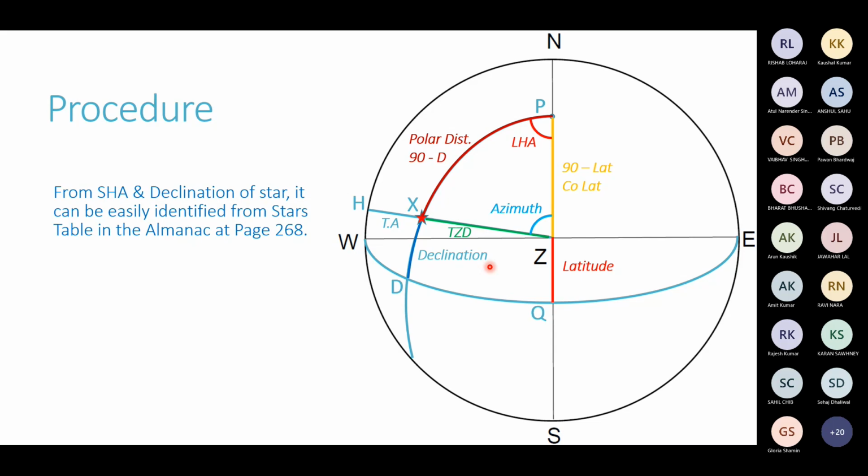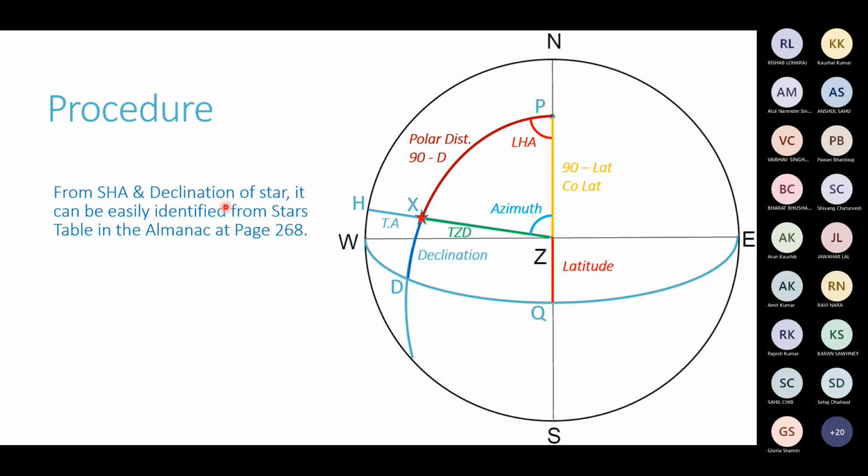Now, when you look for the nearest SHA, it is possible that you may have two stars whose SHA may be very close to the figure which you have calculated. Your value may be falling between two other SHA values. In that case, the only way to identify which of the two is our required star is where the declination comes into use.